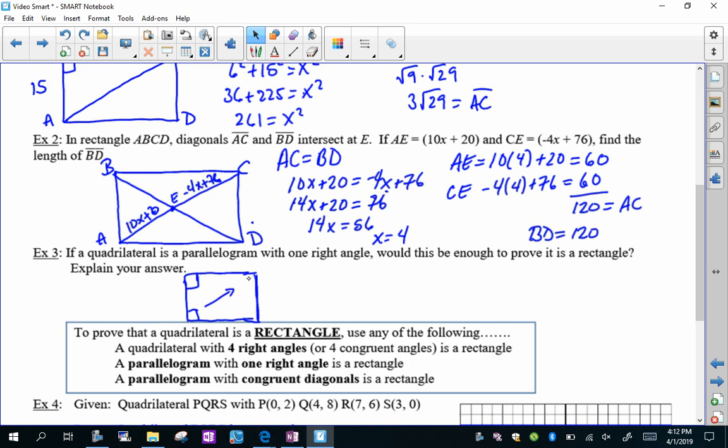So that angle there has to be 90, and then its opposite also has to be 90. So the answer is yes. And the reason is that opposite angles are congruent and consecutive angles are supplementary.